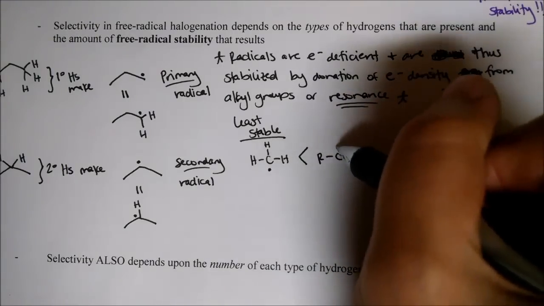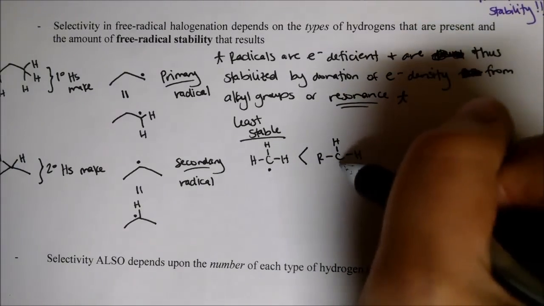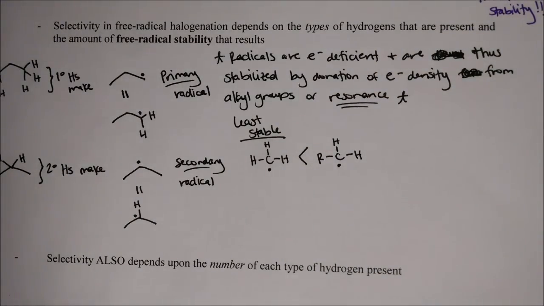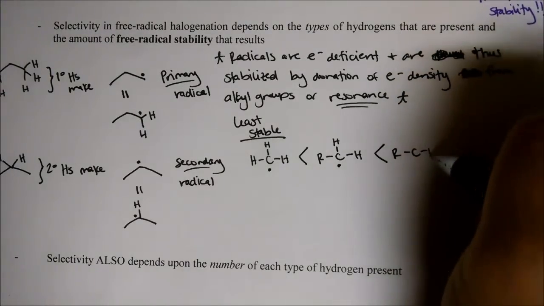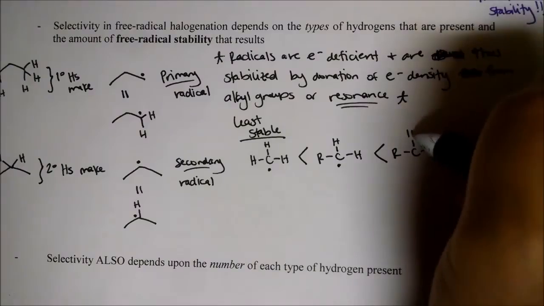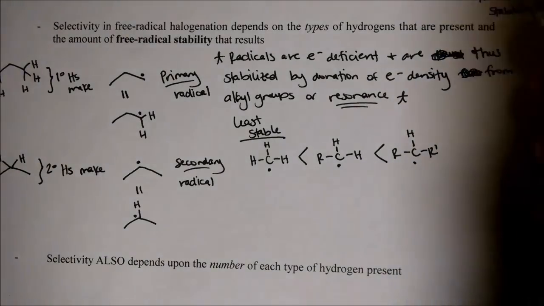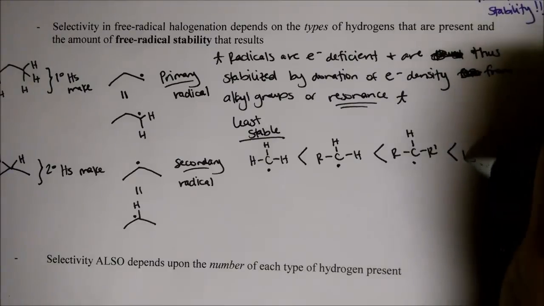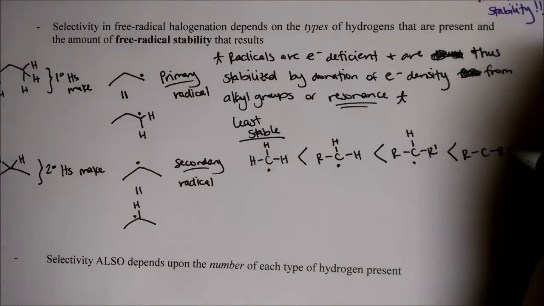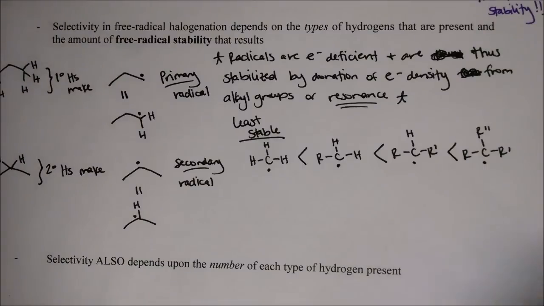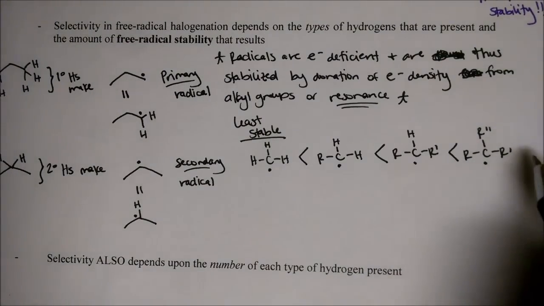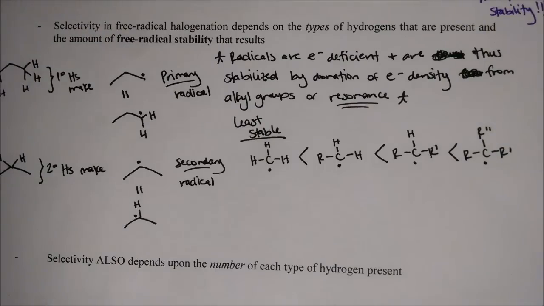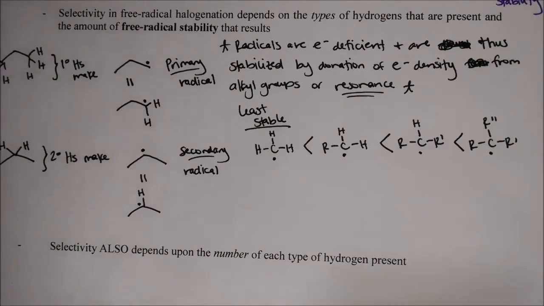It's a primary, because again, we're only bound to one other carbon that can donate electron density, followed by a secondary radical. And now the more stable ones are the tertiary radical, and then we can also do benzylic, or sorry, next to an aromatic group, or allyl. That's in your homework. We can go over that.